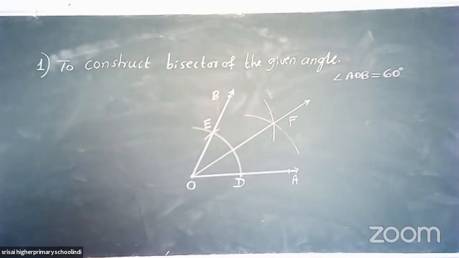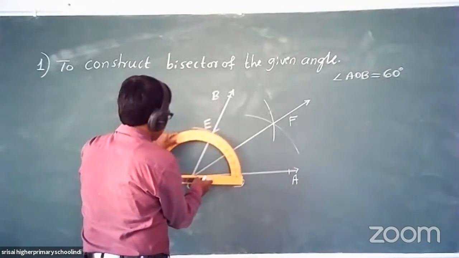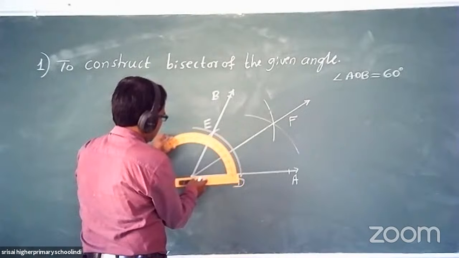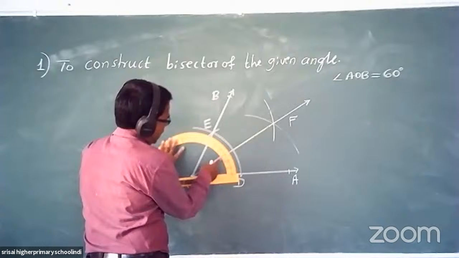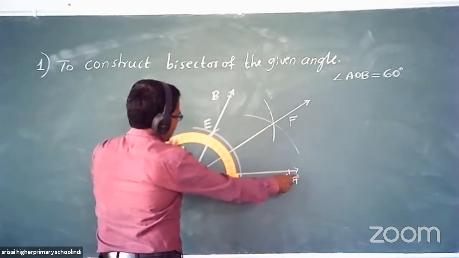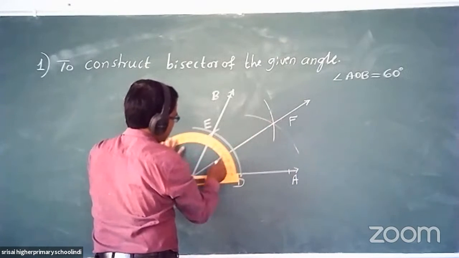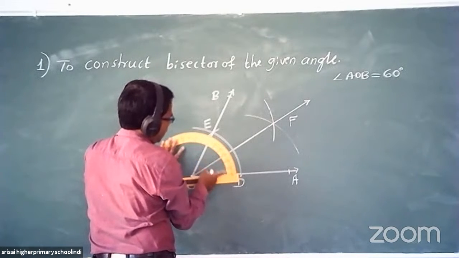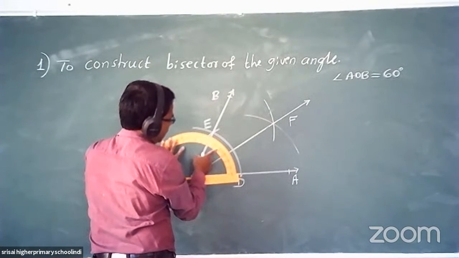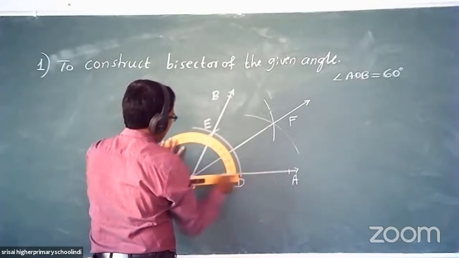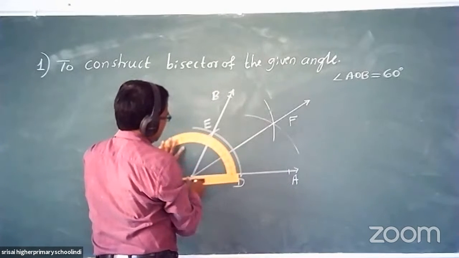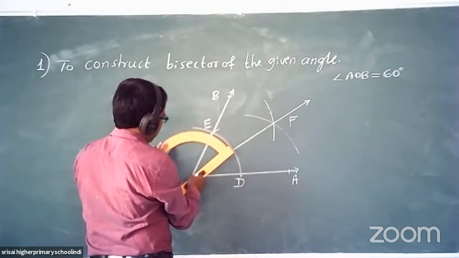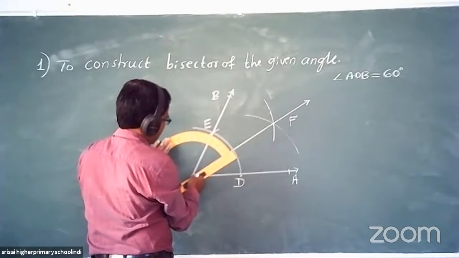You can measure and check. To cross verify, I'll measure here. 10, 20, 30. This is 30. AOF is 30. Then from here, 10, 20, 30, 40, 50, 60. AOB is 60. AOF is 30. Similarly, you can keep it like this to check the next angle.